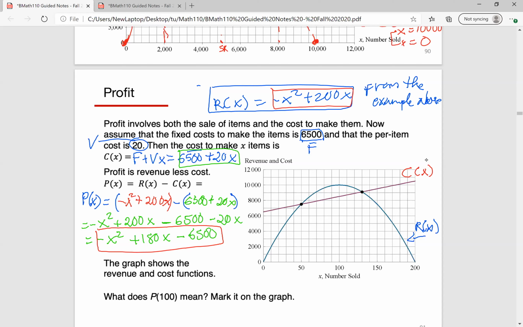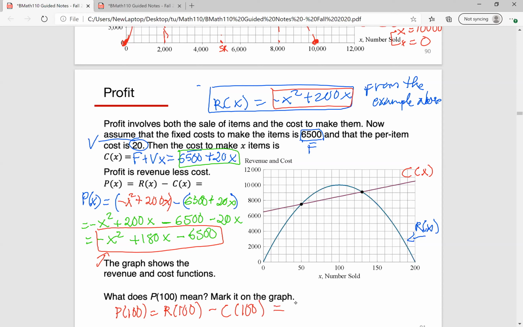Mark it on the graph. Okay, so for P of 100, you may substitute into here, right? Or you can substitute into the revenue function: revenue at 100, and you subtract the cost at 100, right?